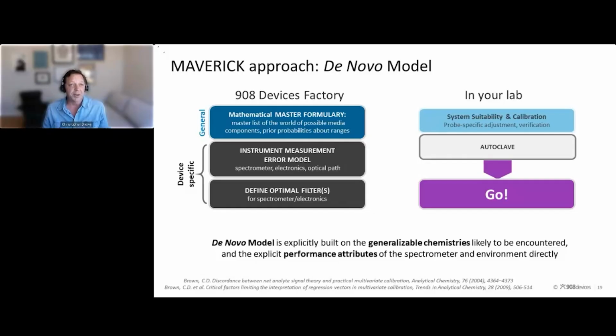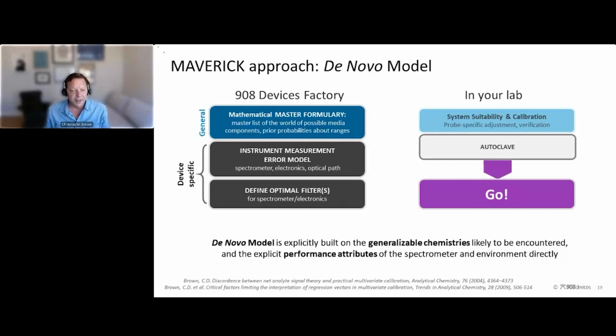That prior probability isn't a really hard bounding phenomenon, so it doesn't matter if one media type has some higher concentrations than another, but it does guide the math that follows to balance out what is expected in the broader world of these cell culture media. So that's a general formulary.